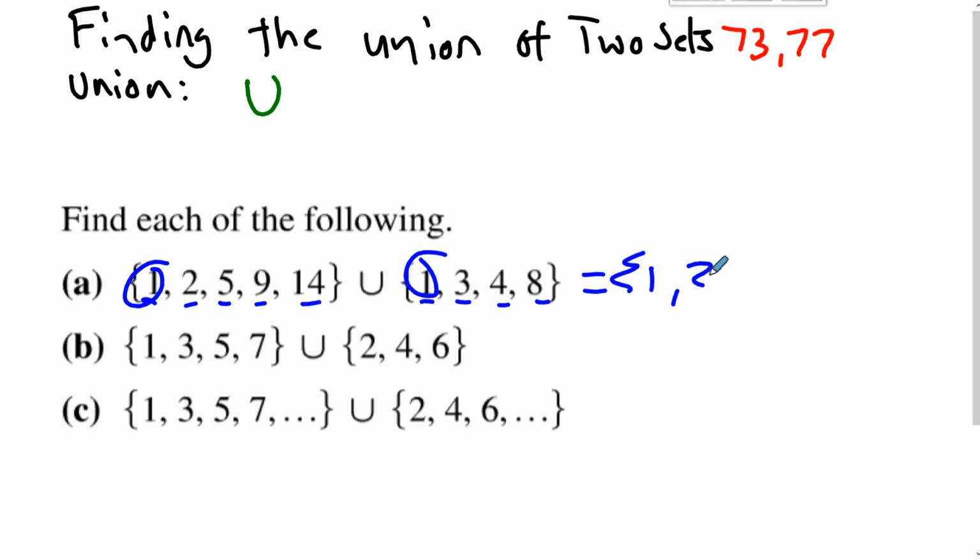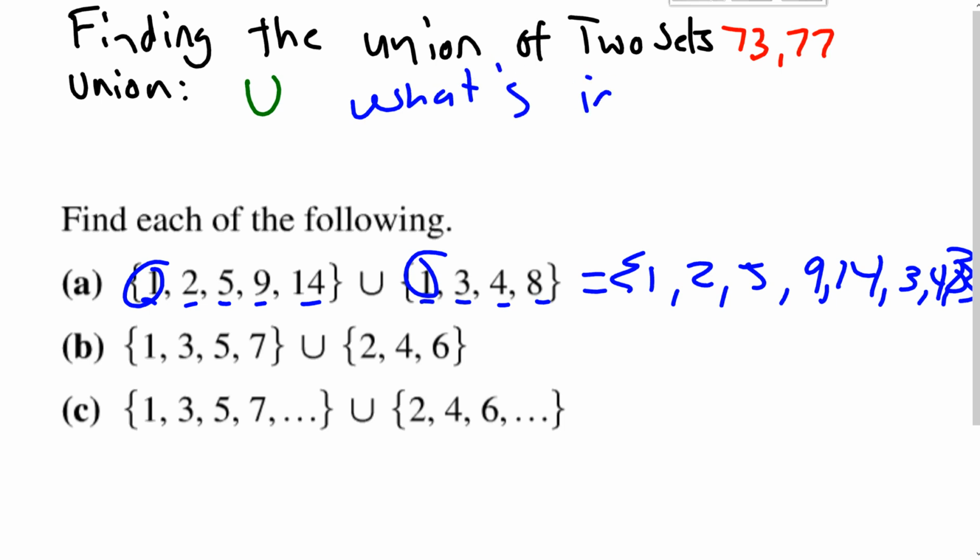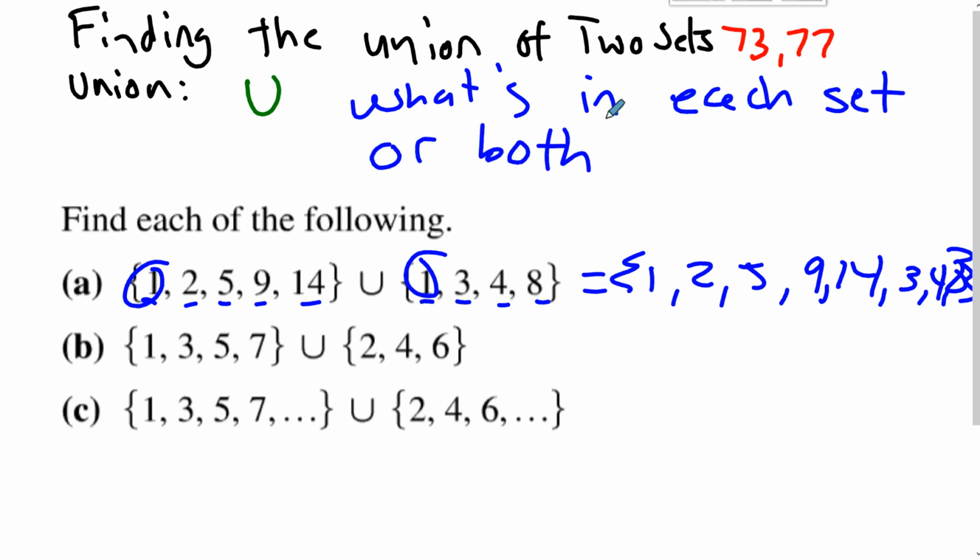So 1, 2, 5, probably should put them in order, 14, 3, 4, and 8. So the union is just all of them, and if they're repeated, you don't list them twice. The union is what's in each set, or both, as long as it's in one.